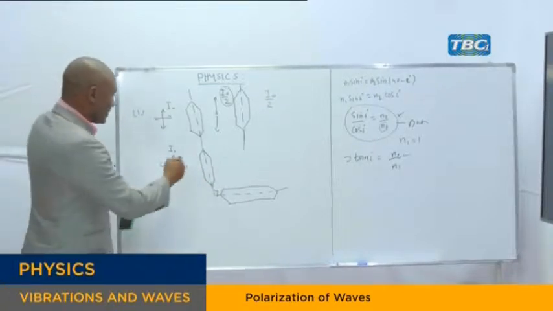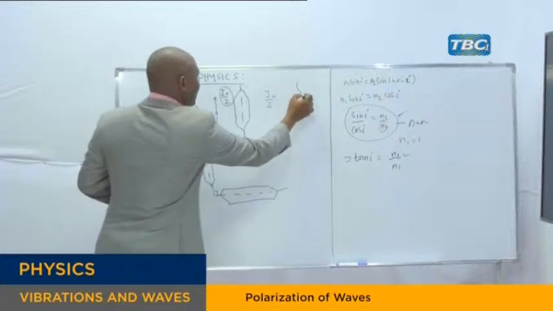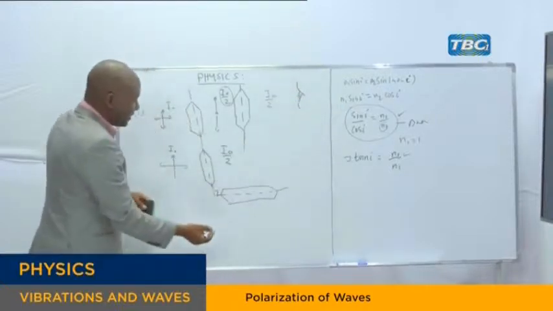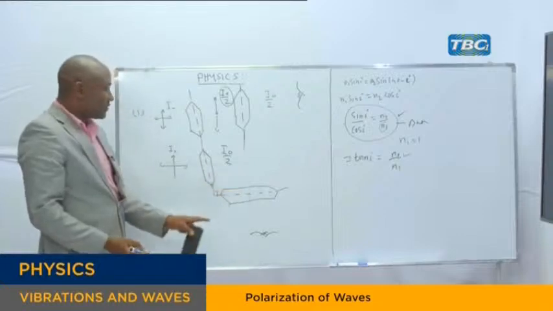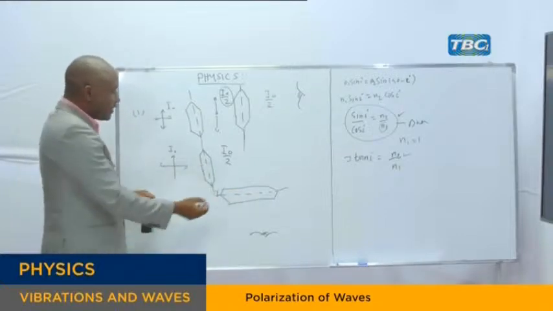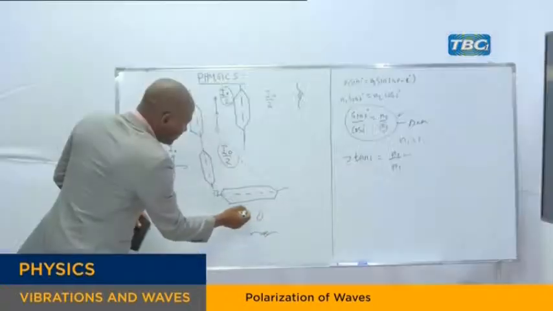So when you observe the intensity of the light from the second polaroid, which is at right angles to the first one, we saw that the intensity of light decreases to 0.